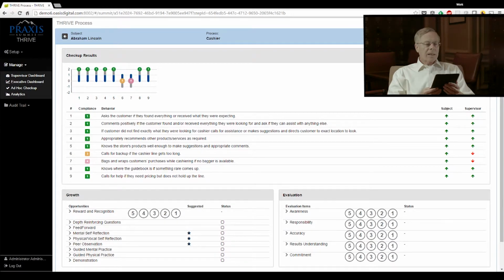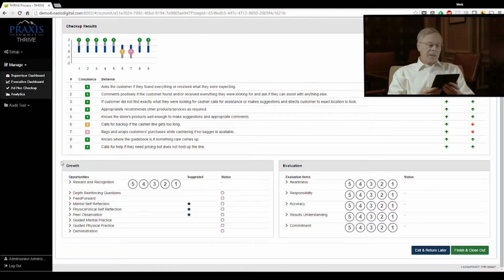On the tablet, below the checkup results area is what we call the growth area. This area provides the opportunities for the employee to grow and improve some of the behaviors that they had difficulty with.